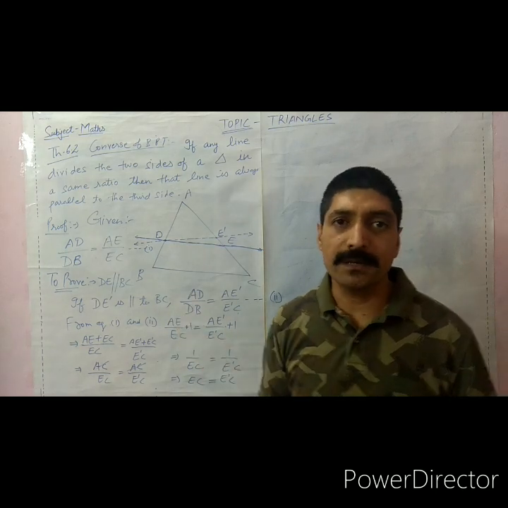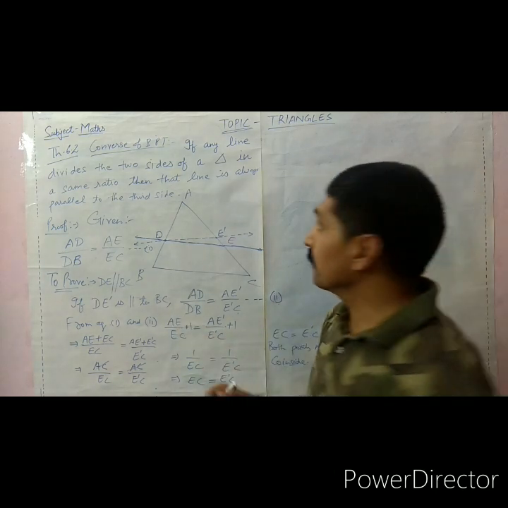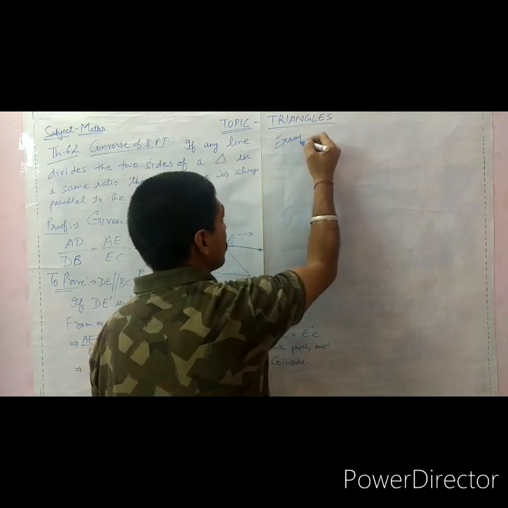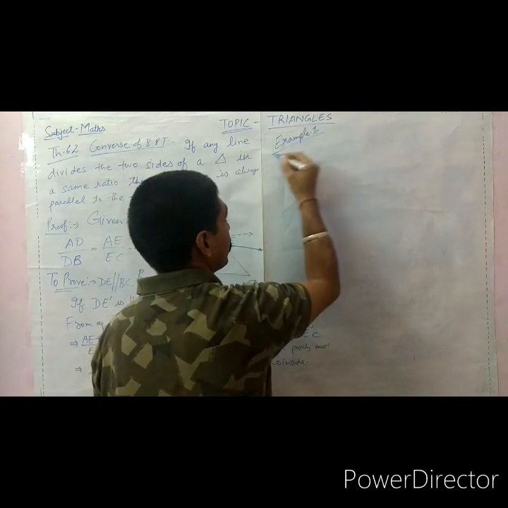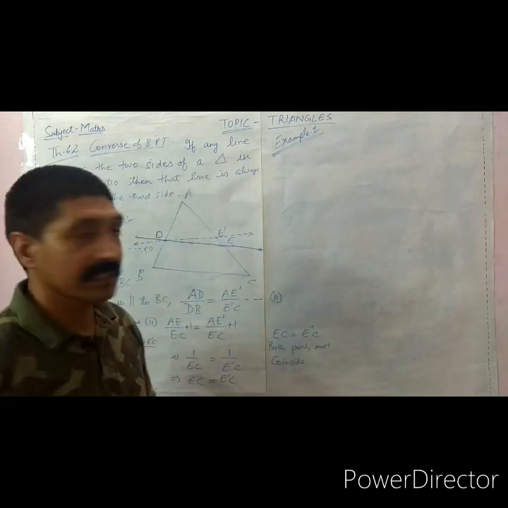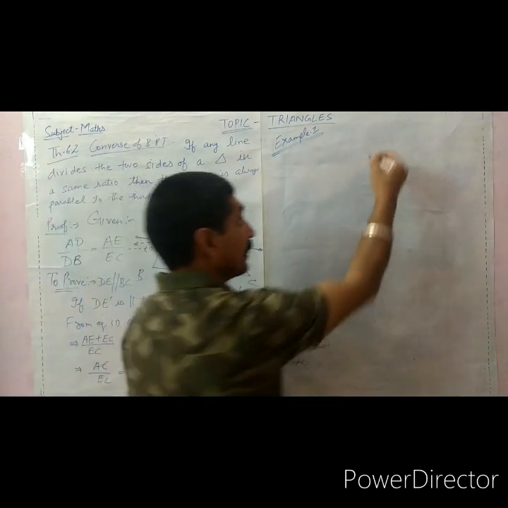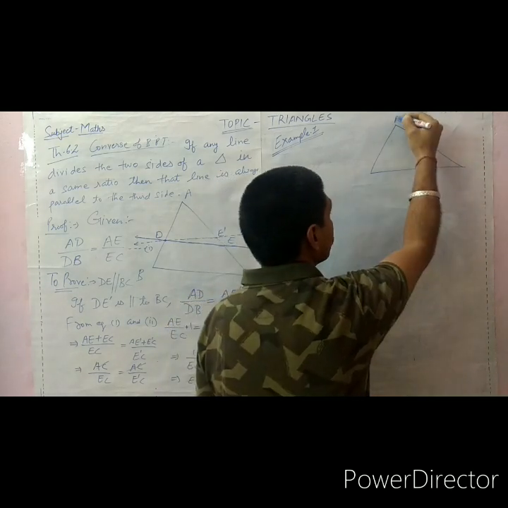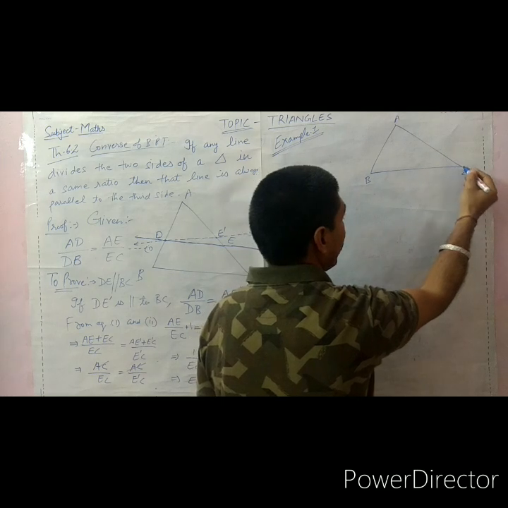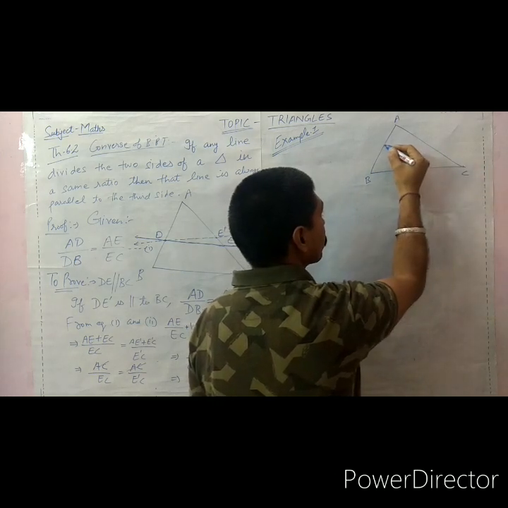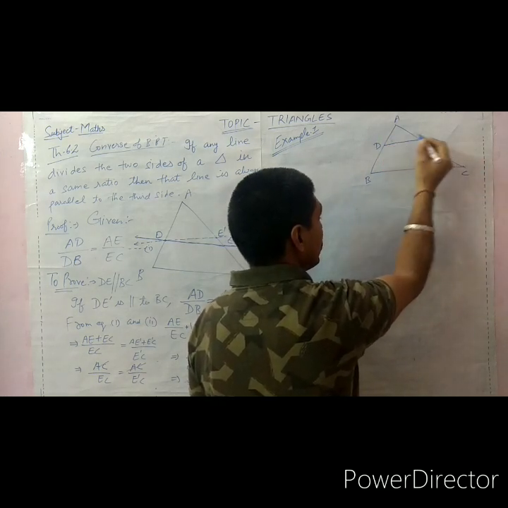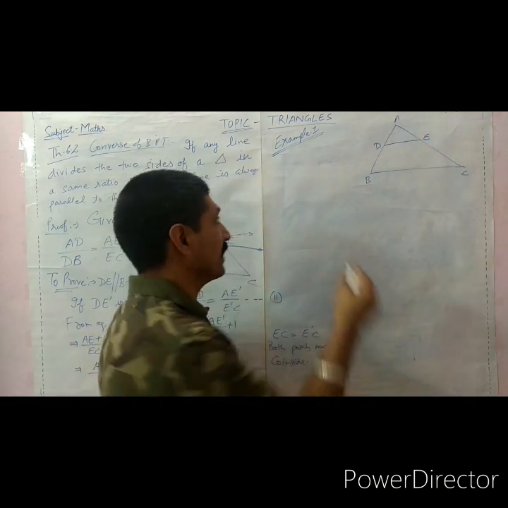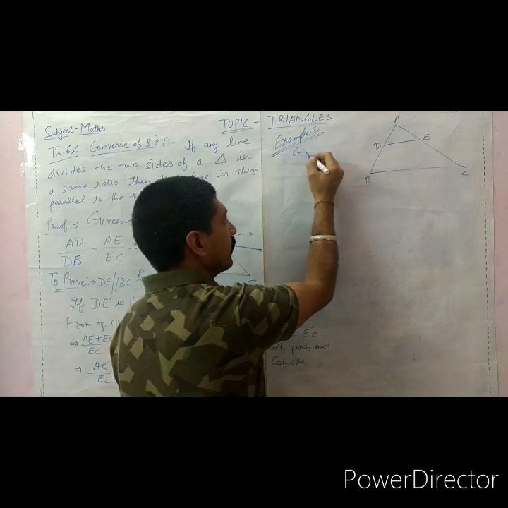We have a few examples. Let's start with the very first example, example number 1, from your textbook. It says that if ABC is a triangle and a line DE is parallel to BC. What is given here?